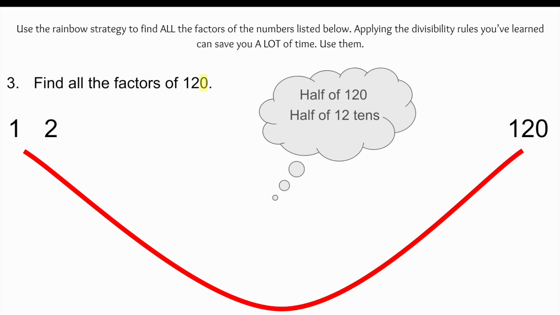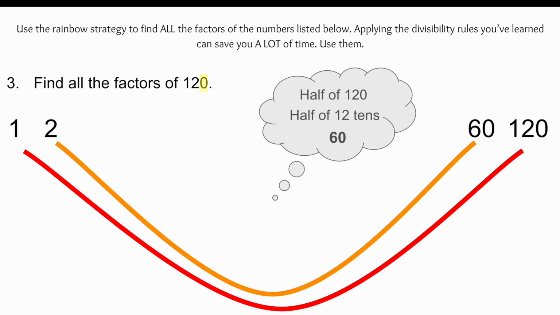Because you can probably do half of 12 in your head, right? That's 6. But it was 12 tens, not 12 ones. So it would be 6 tens, or 60. So the other factor is 60. 2 times 60 equals 120.